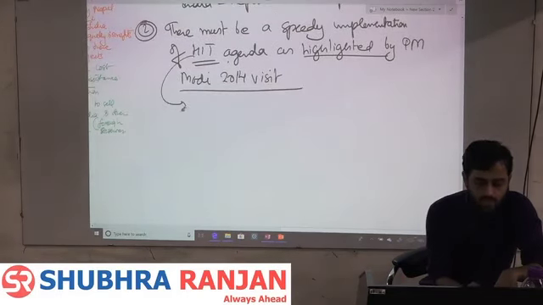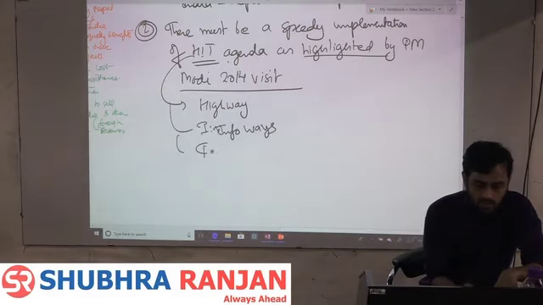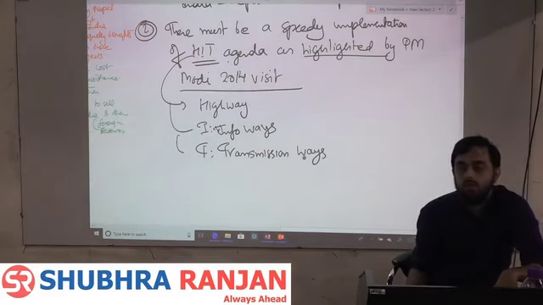Look, what is HIT? H is highways, I is information ways, and T is transmission ways. Highways, information ways, transmission ways.